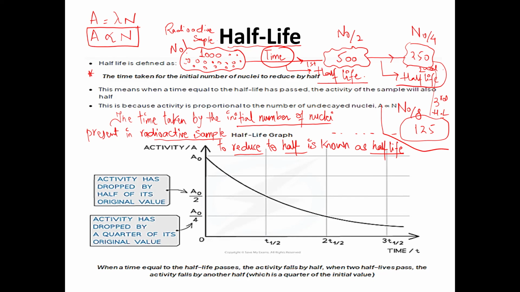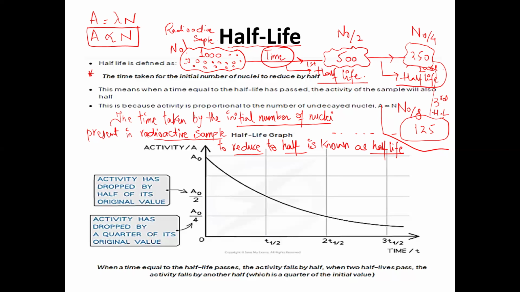If number of nuclei is also reducing to half after a half-life time, then activity can also be reduced to half after the time of half-life. So after the time of half-life, the activity is reducing to the half value, and that time is known as half life.